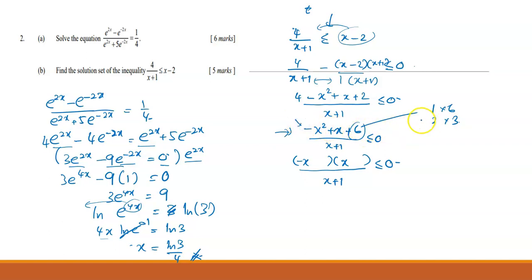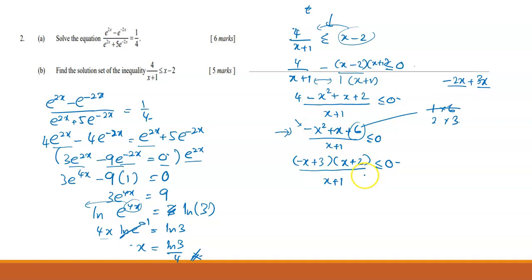So it's not logical to use the combination of 1 with 6, because the difference here is 1. So 2 with 3, yes, might be. So negative x plus 3 and x plus 2. Let's check: negative x times x, negative x squared; negative x times 2, negative 2x; 3 times x equal to 3x. So 3x minus 2x equal to x. And 3 times 2 equal to 6.